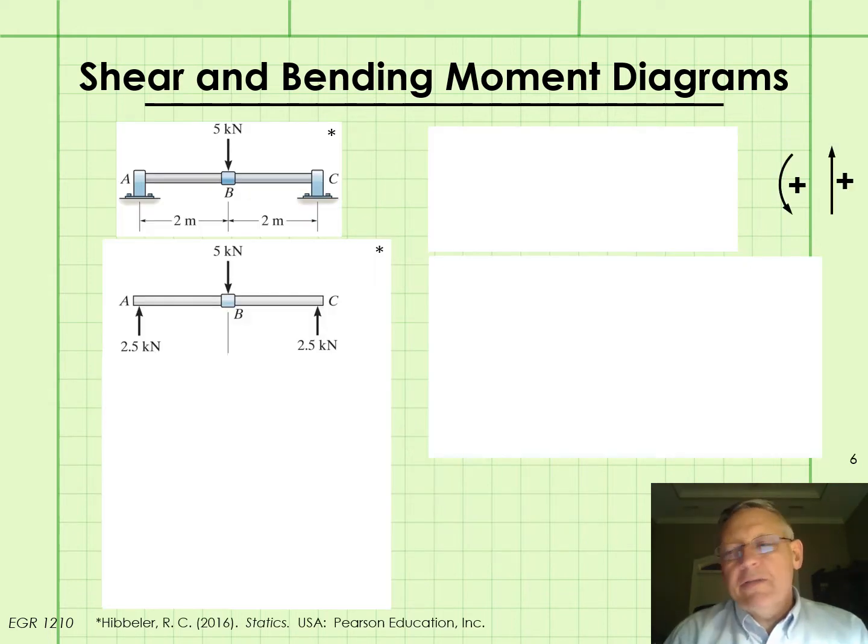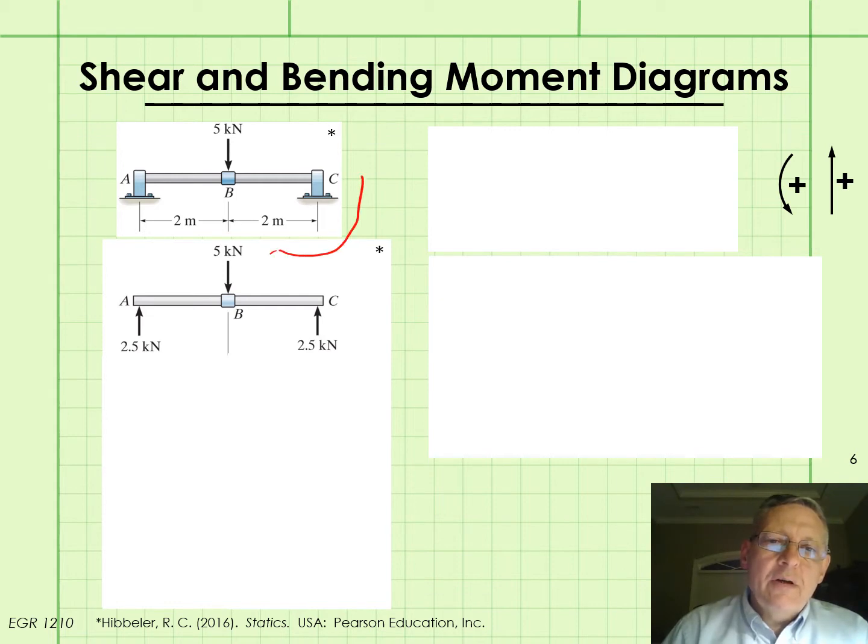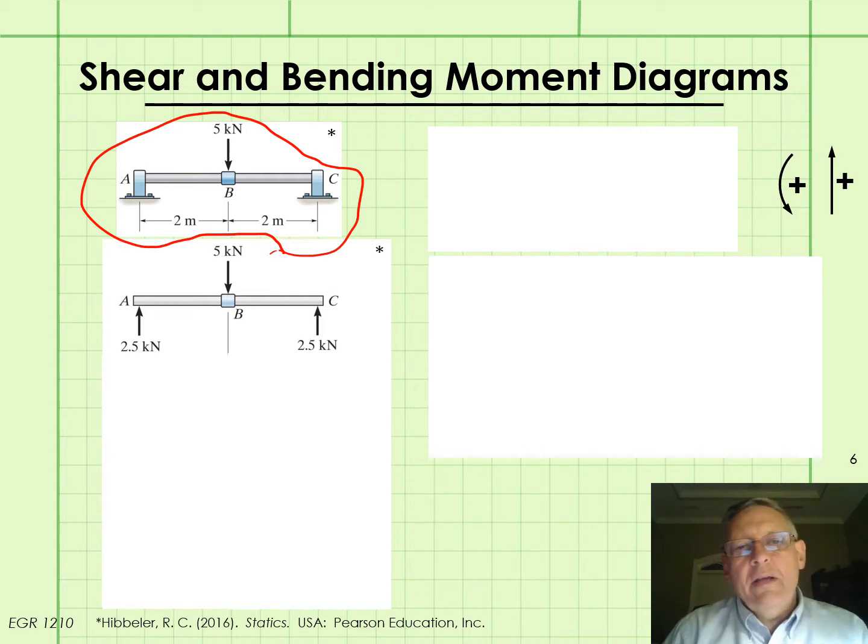Let's use the procedure from the previous slide to work through an example. So here we have a beam that's 4 meters long, that's supported at each end and has a 5 kilonewton force applied to its center. So our first step is to determine all of the reactive forces and couple moments acting on the beam. We don't have any couple moments.